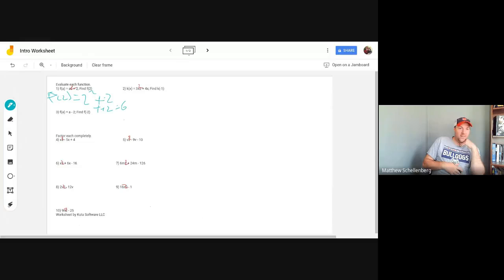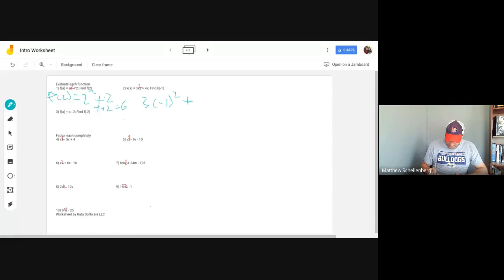Number 2, k of x equals 3x squared plus 4x. Let's find k of negative 1. So all we got to do is replace the x with negative 1. So that becomes 3 times negative 1 squared plus 4 times negative 1. And I'm going to put that in brackets.